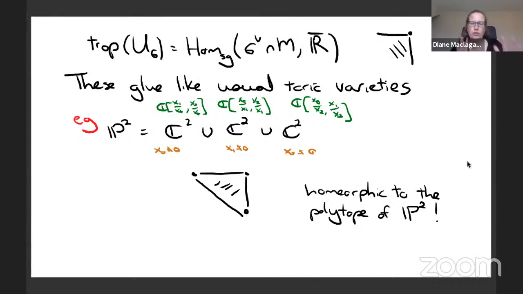Okay, so let's pause for a moment. That's tropical toric varieties. So what should you have got out of this if you're not really a toric person? You should have got out of this that toric varieties are a particularly nice combinatorial class of varieties in algebraic geometry.